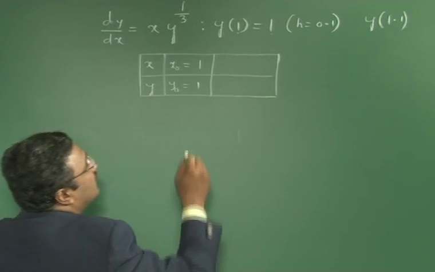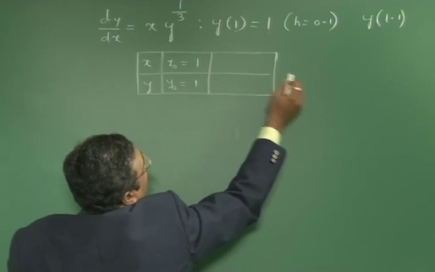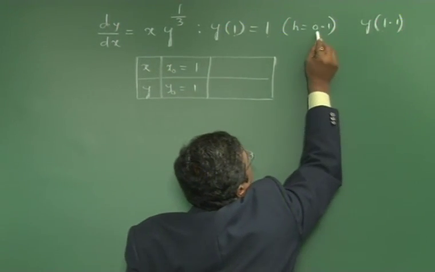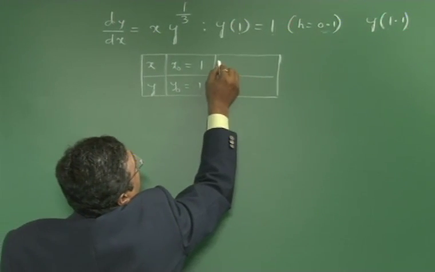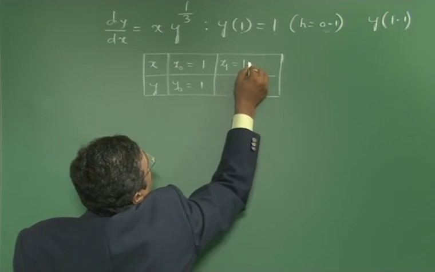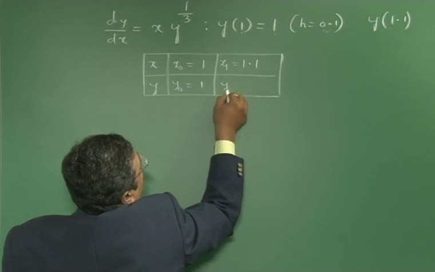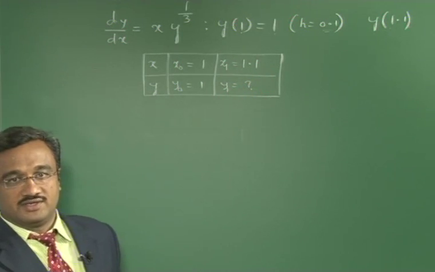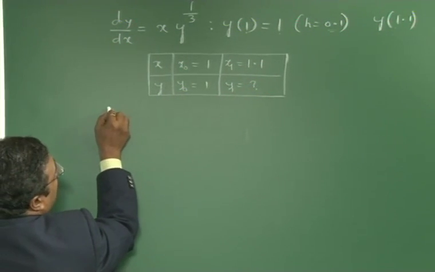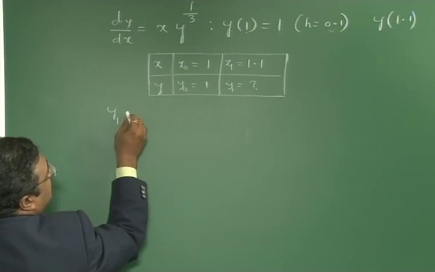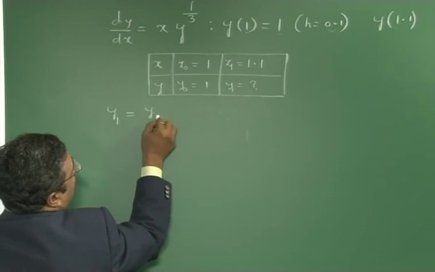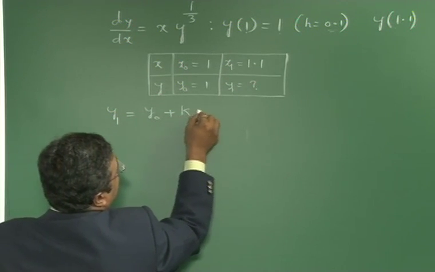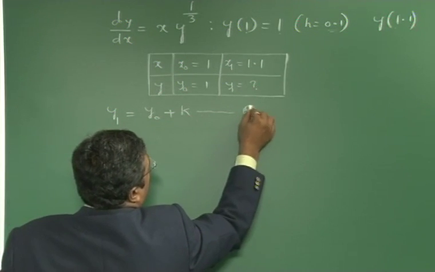Then they asked to find the value at 1.1. Adding the step length, this becomes x1 equal to 1.1, and for the corresponding y1 I put a question mark. That is what we are going to find. We are going to find the value of y1. We have to use the formula y1 is y naught plus k, which we simply call equation star.